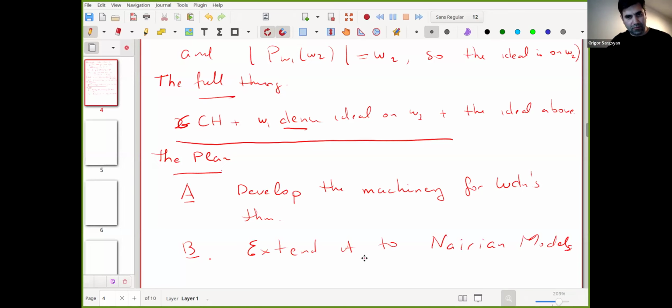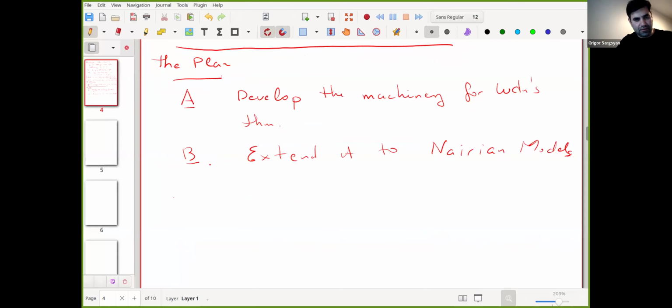So if you want to go a little bit deeper, A is based on AD theory, the theory of the power set of reals.